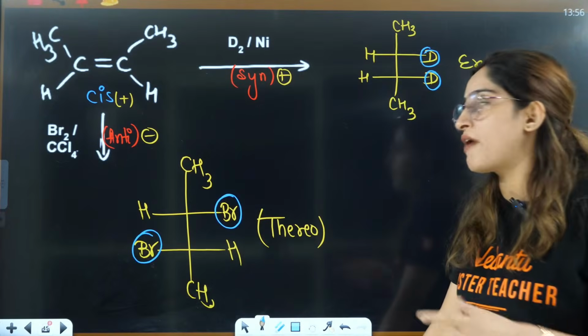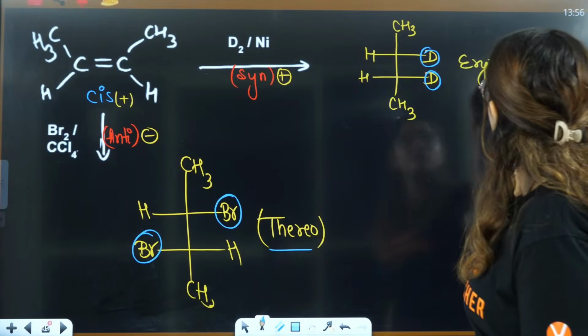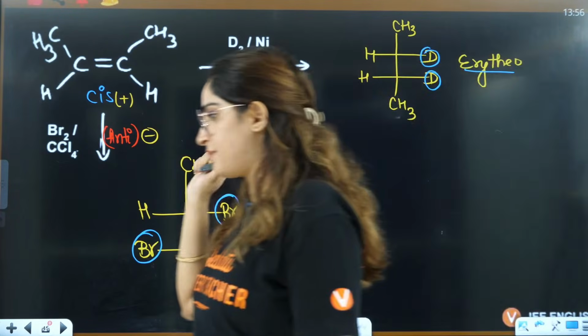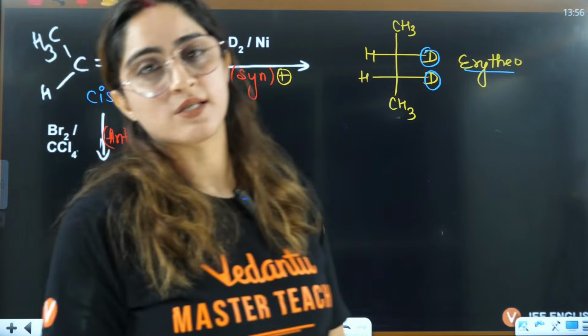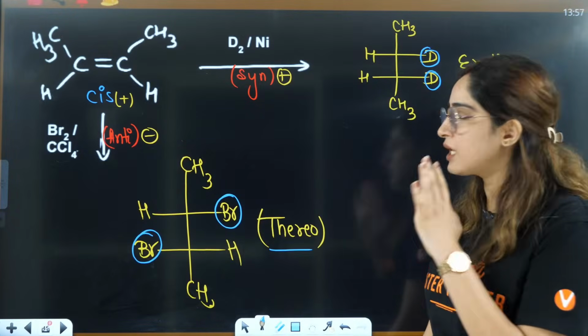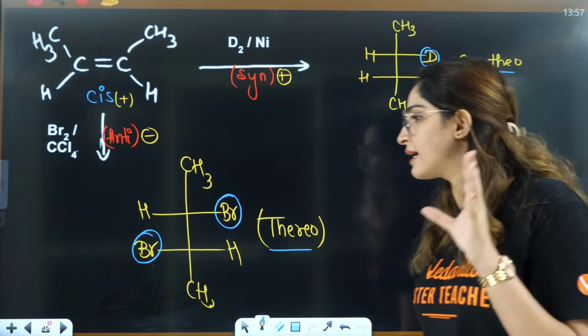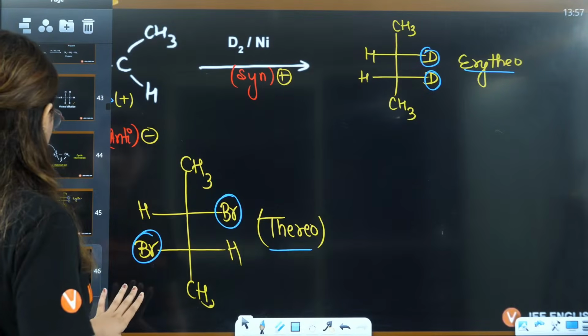The group that you have added is on the opposite side, that is called threo, and the same side is called erythro. Tell me, is that clear? How syn addition and anti-addition work in the case of alkenes, right? Is that clear to everybody?